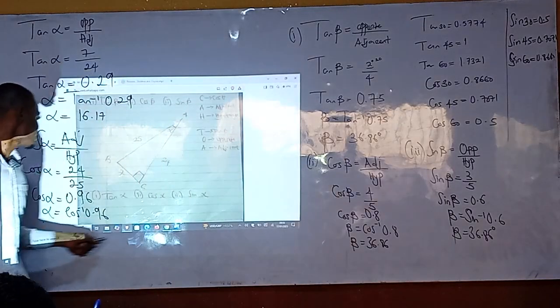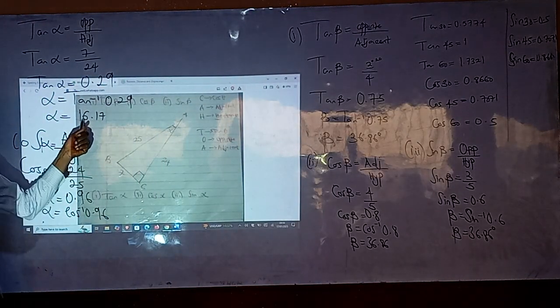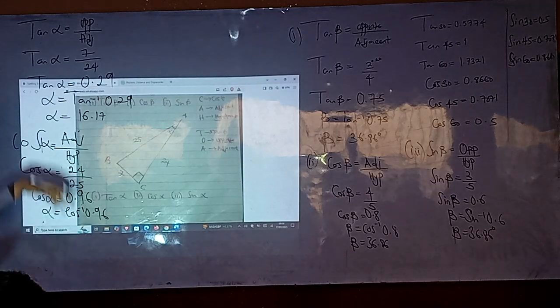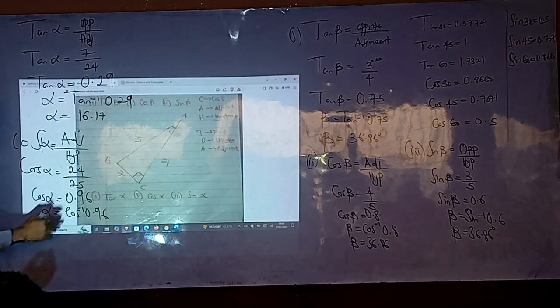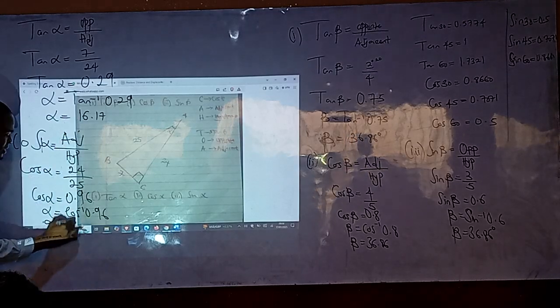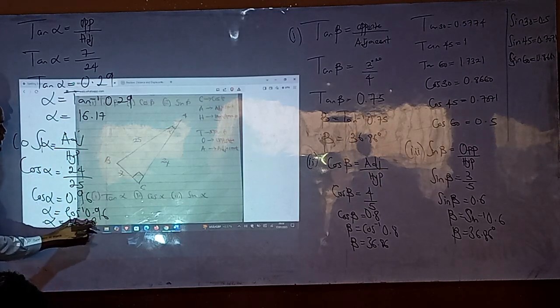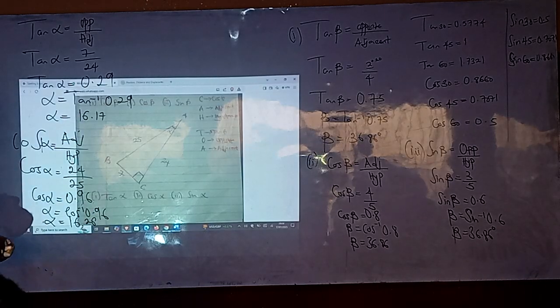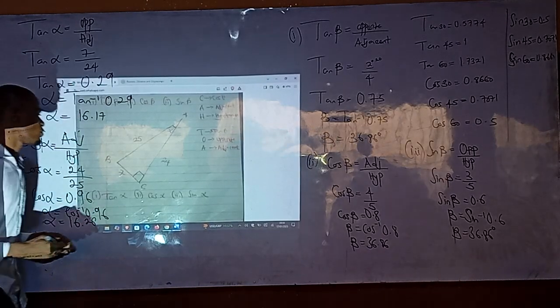Shift and cos 0.96 is 16 point what? 26. It is approximated to 16 degrees. If you approximate it, you still get 16 degrees to a whole number.